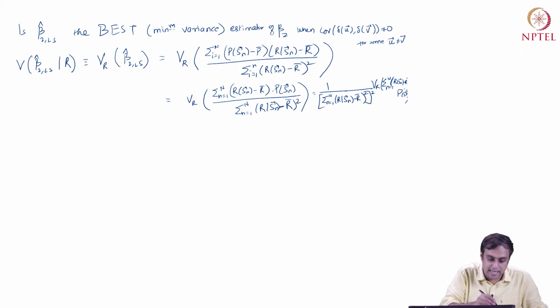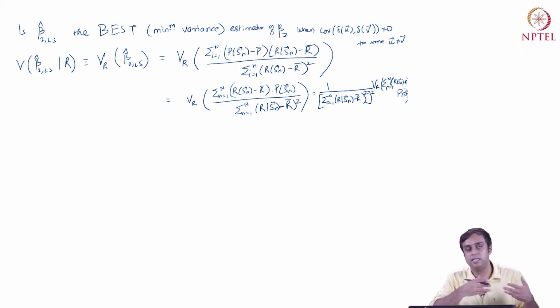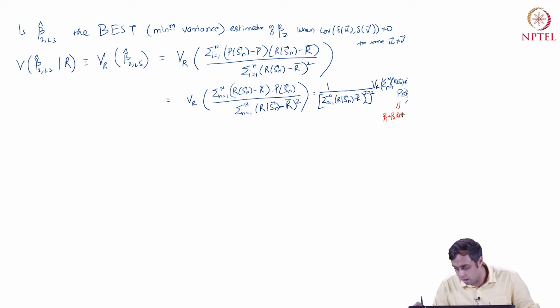Now, just like in the case of unbiasedness when we were evaluating it, we will substitute P Sn with beta 1 plus beta 2 R plus the error delta.